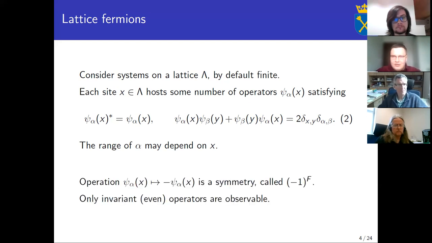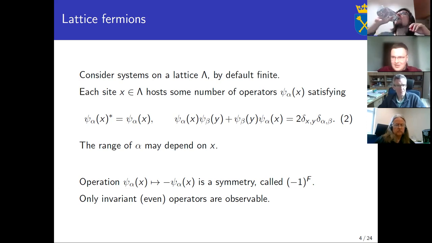And one very important feature of fermions is that there is a symmetry called fermionic parity, which takes every psi alpha to minus psi alpha, every fermionic field to minus the fermionic field, and only operators invariant under this symmetry, also called even, are observable.